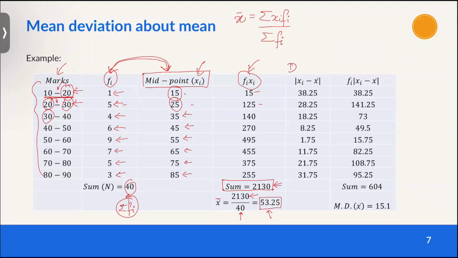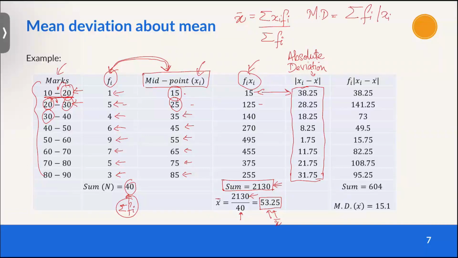Now we calculate the deviations. Absolute deviations are given as modulus of xi minus x bar. x bar is 53.25, we take the difference and then the absolute value. So these are the absolute values of deviations. In the calculation of mean deviation, we had summation of fi times the absolute deviation, divided by summation of fi. We have summation of fi as 40. We just need the numerator.